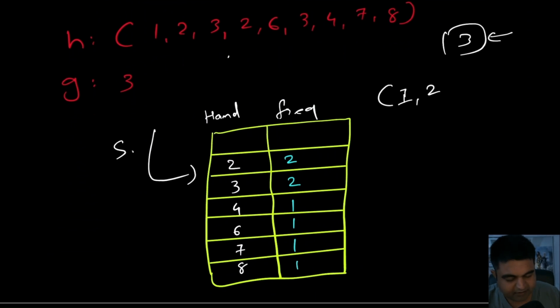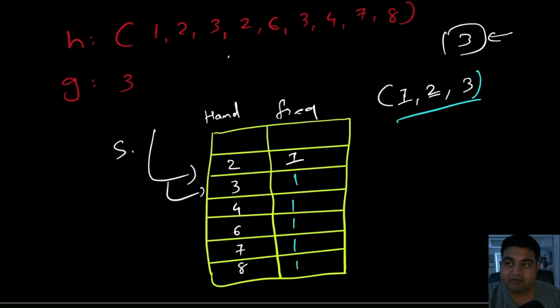So we can eliminate 1. Now we are looking for 2, and we found 2, which means we can also reduce the frequency of 2. So now the frequency is going to be 1. The next thing should be 3. We are trying to find 3, and we also found 3 over here. We reduce its frequency from 2 to 1. So now this is also 1, and we created our first group.